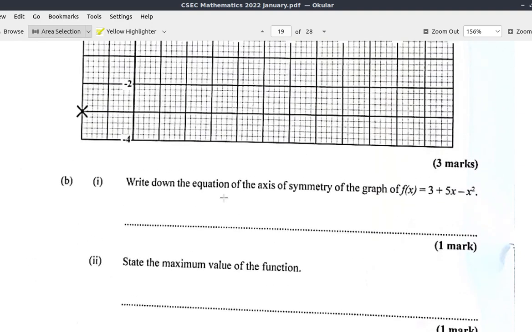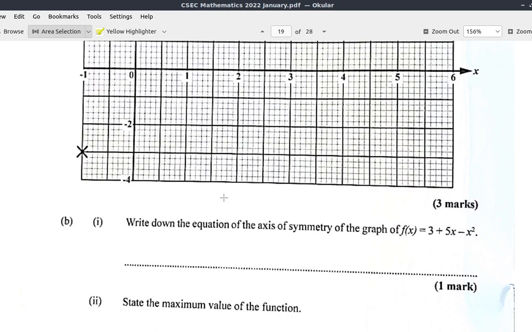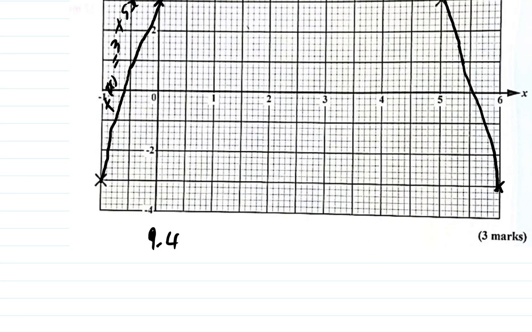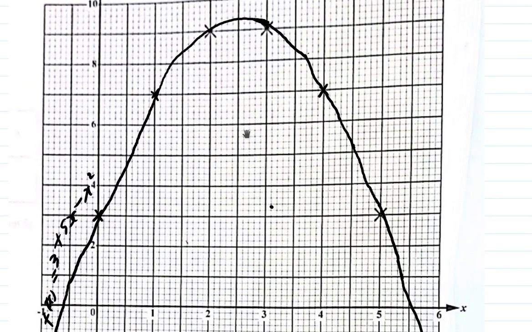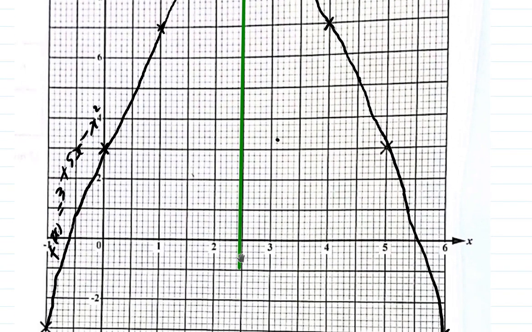Oh, I skipped out B1. Write down the equation of the axis of symmetry of the graph. Yeah, the axis of symmetry. I missed out that part. The axis of symmetry would be a line that divides the graph into two equal parts. The mirror line, basically. So it would look like about this line, right?